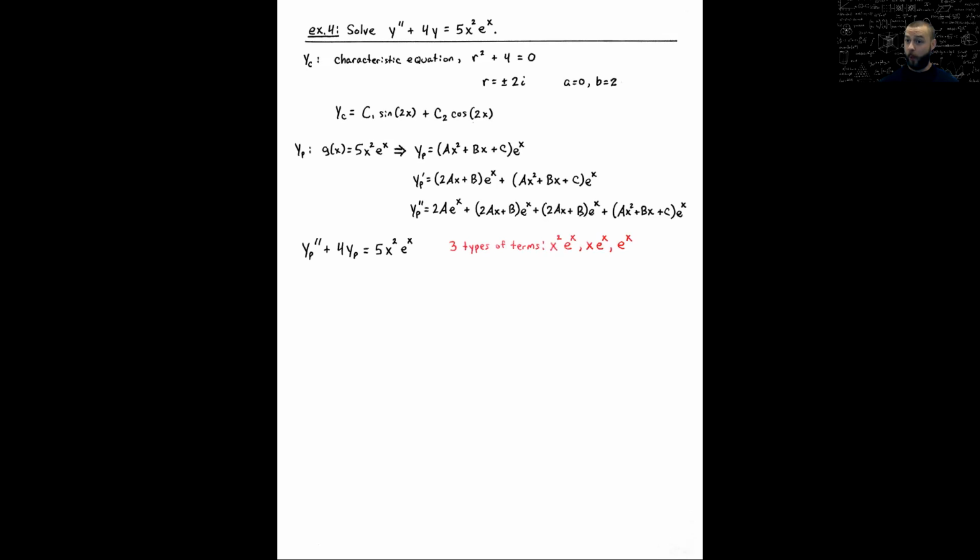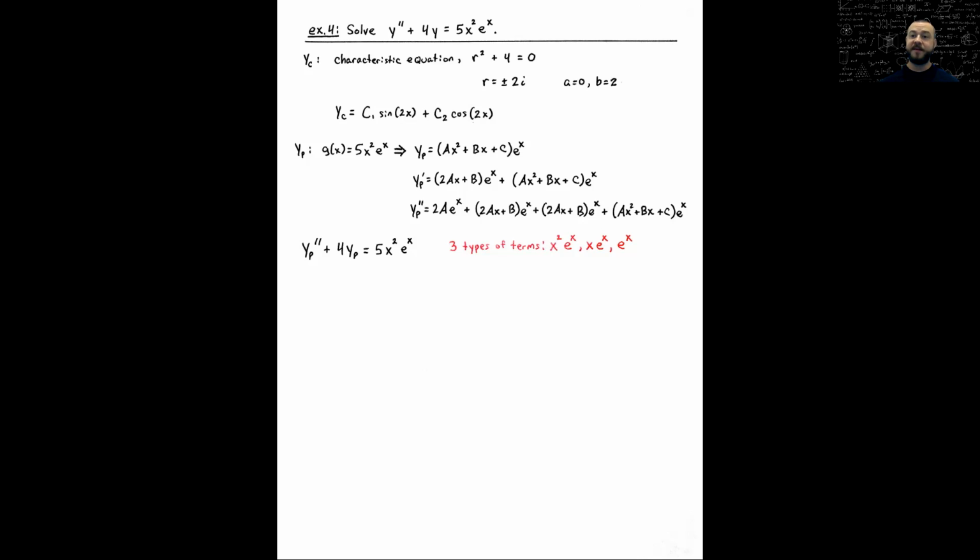All right, now one kind of more straightforward way to proceed is to take yp double prime and yp and plug them into the non-homogeneous ODE, and then just simplify, multiply out, and hope and pray that you combine everything correctly. Now, what I want to do is minimize some of that tedious work.